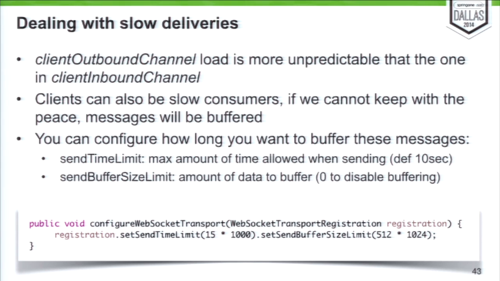Here's how the configuration looks inside the same WebSocket configuration. You can override the method configure WebSocket transport, and notice that it lets you define the set time limit and the set buffer size limit. So you can tweak how you want to buffer the outgoing messages.